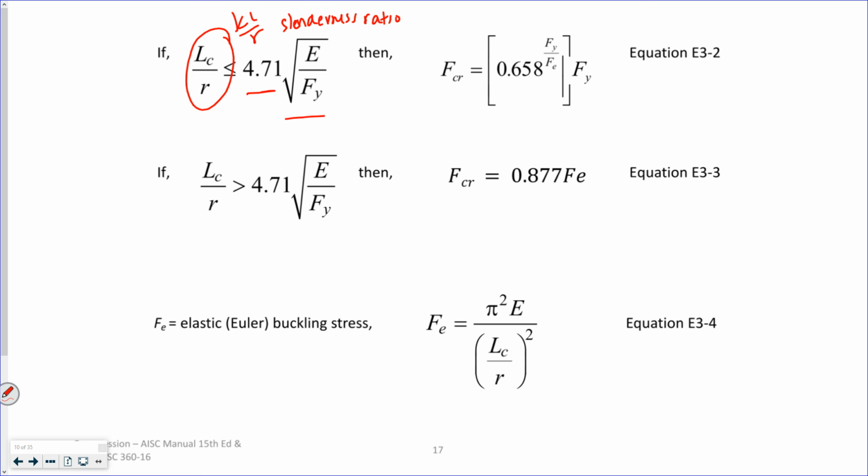If you remember checking about local buckling, it was a constant, some type of number, times the square root of E over Fy. Now we're looking at it on a global scale. So if I have a small slenderness ratio, if it's less than this critical slenderness ratio, then we have inelastic buckling.